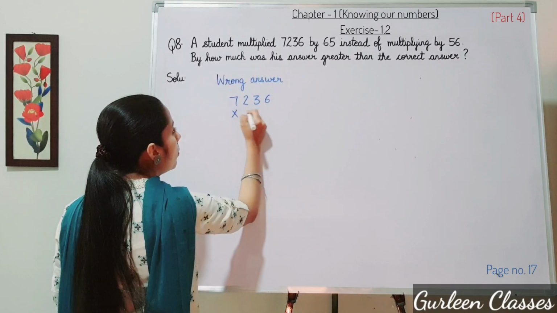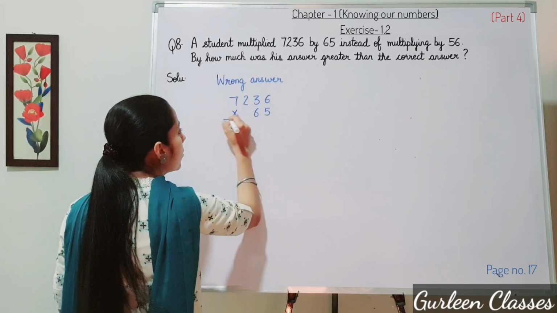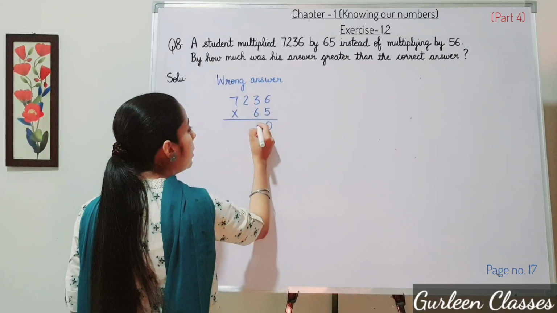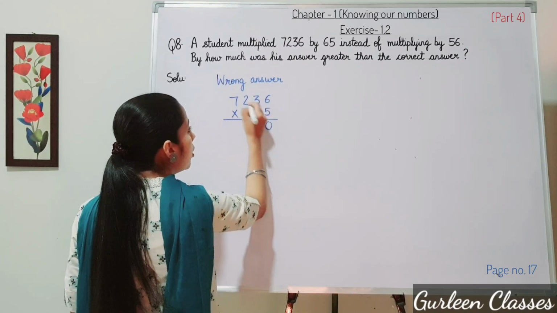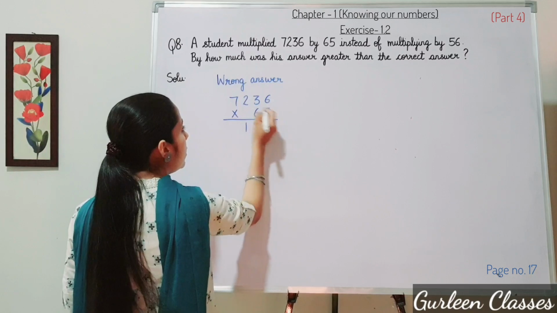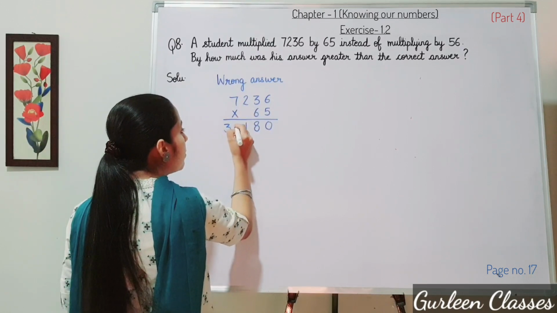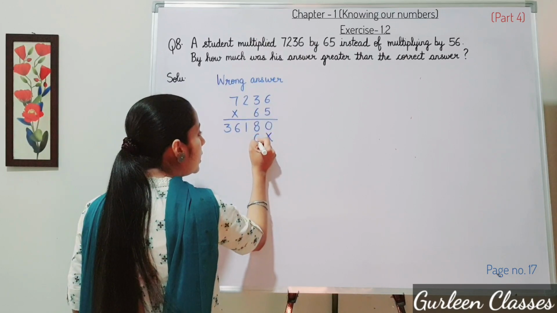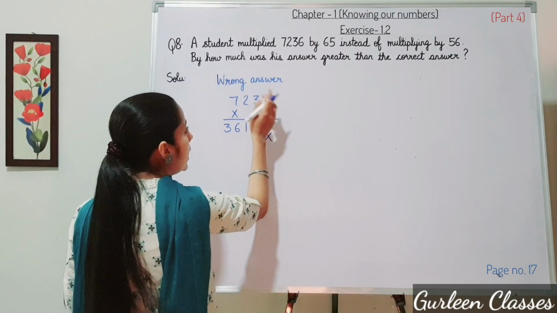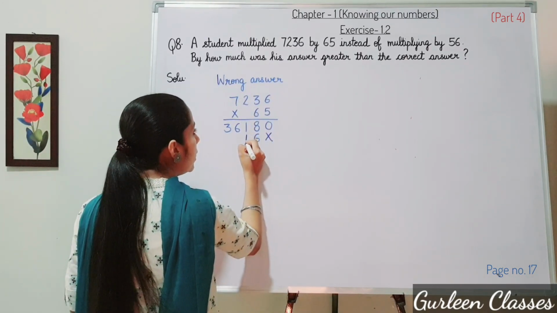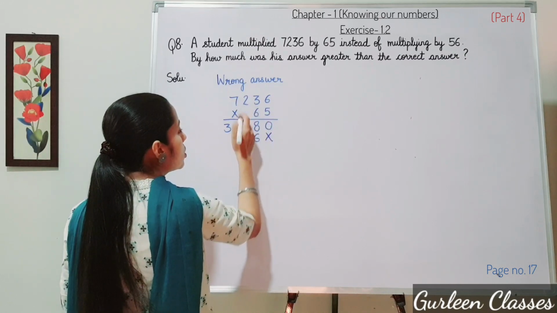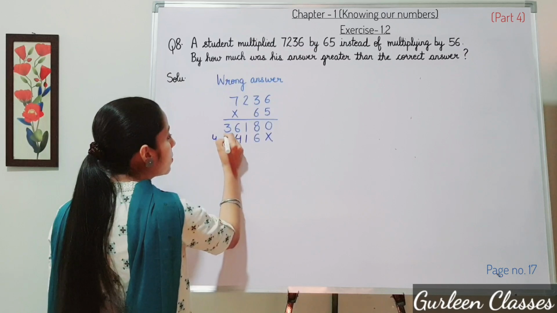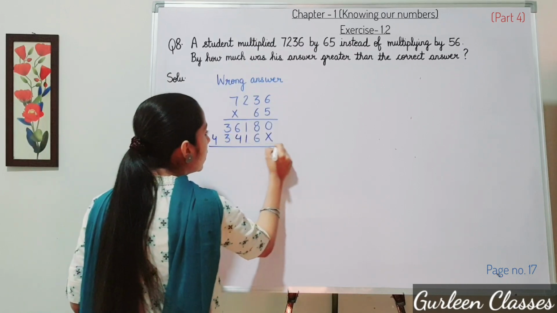7236 into 65. 5 6s are 30. 5 3s are 15 plus 3, 18. 5 2s are 10 plus 1, 11. 5 7s are 35 plus 1, 36. Multiply by 6: 6 6s are 36. 6 3s are 18 plus 3, 21. 6 2s are 12 plus 2, 14. 6 7s are 42 plus 1, 43.